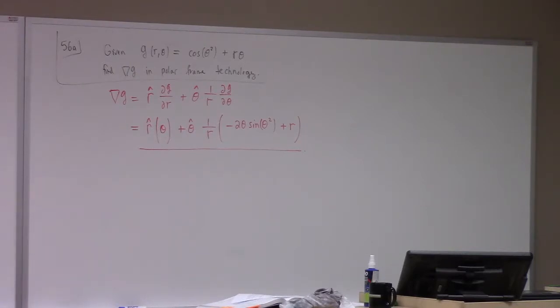So that one's not bad, as long as you know the main result, which is that the gradient in the polar coordinate frame is r hat times the partial derivative with respect to r of the function plus theta hat divided by r times the theta derivative of the function. With that result in hand, that's not hard. Does that seem reasonable for part A? Yeah.